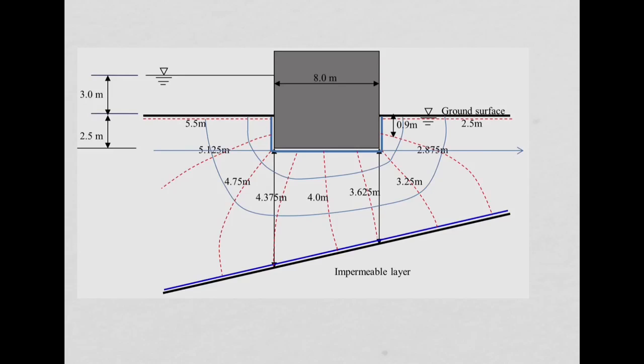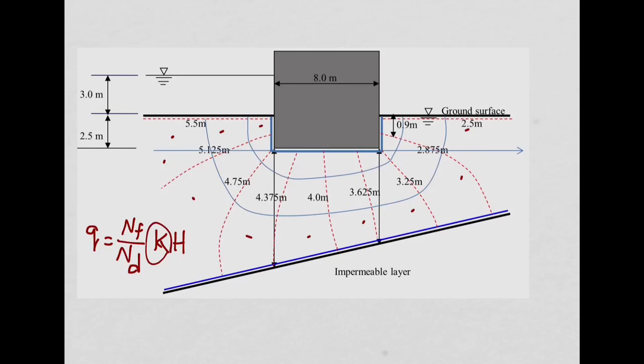To get the first requirement, the quantity of seepage Q, from the equation we know, Q equals Nf divided by Nd, times K times H. Nf is known, it is 3. Nd, the number of drops, is 8.